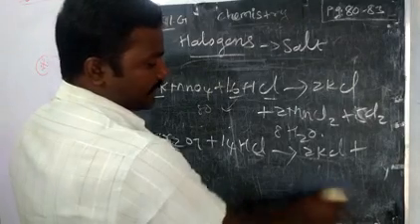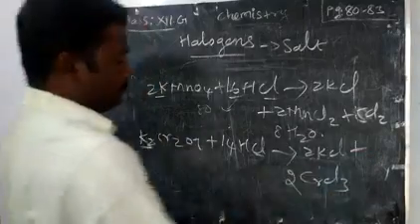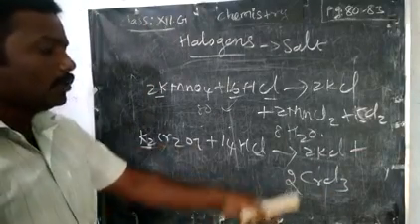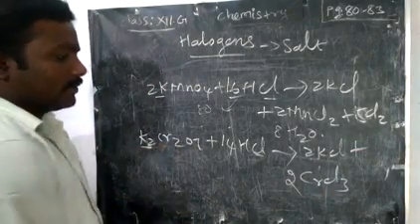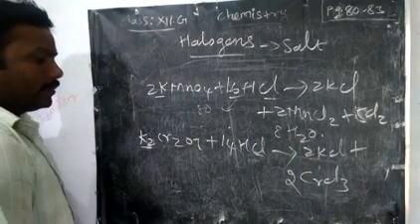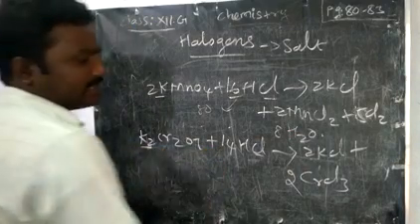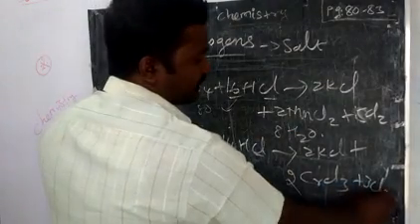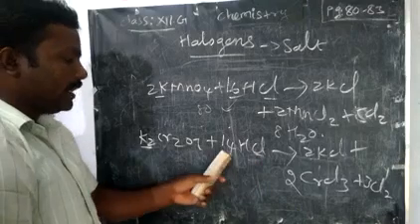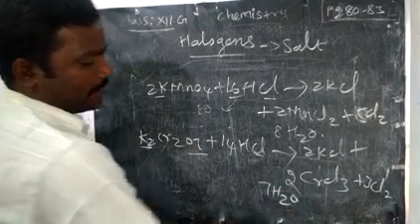Here it is CrCl3, so 2 chromic chloride is formed. 6 plus 2, 8 chlorines were removed. How many chlorines are left? Out of 14, 8 removed means 6. So 3 moles of Cl2 will form. 14 hydrogen, 7 oxygen, so 7 moles of water.